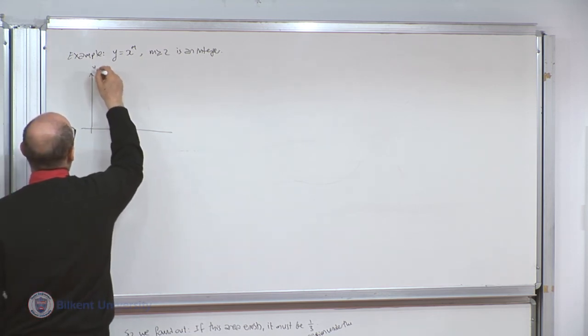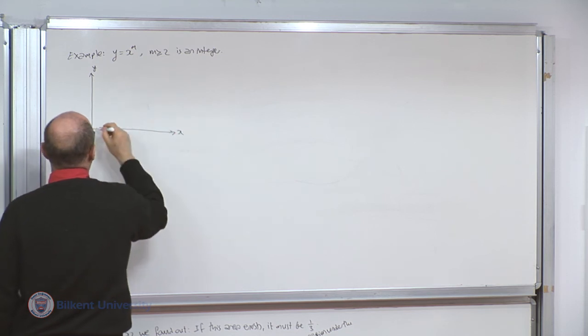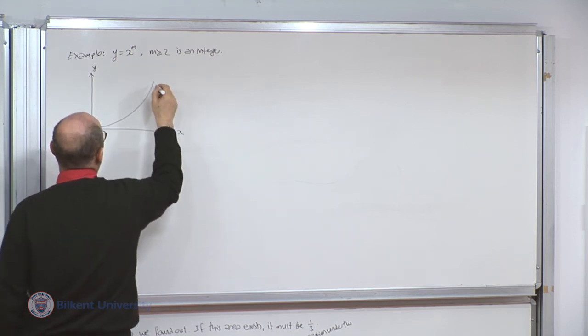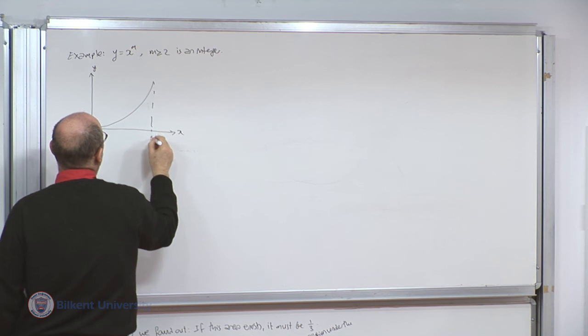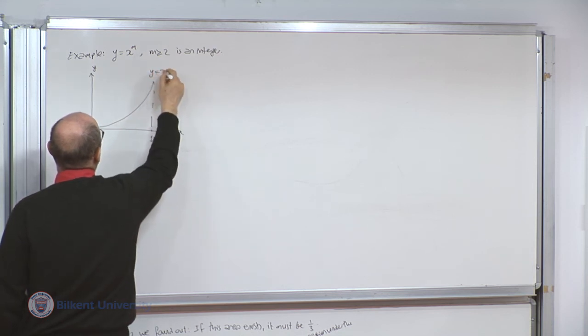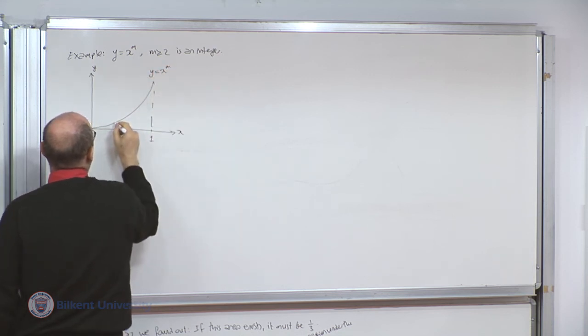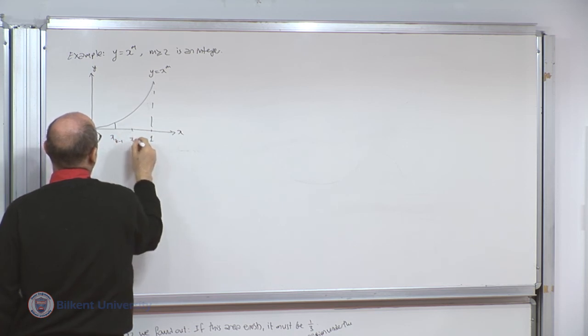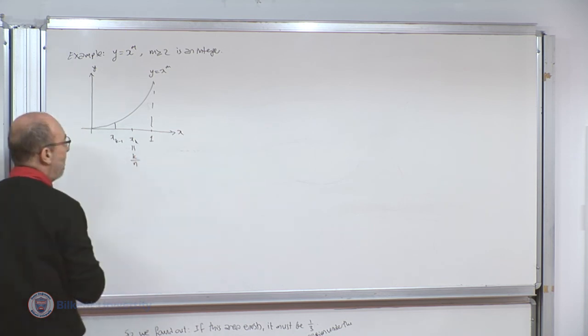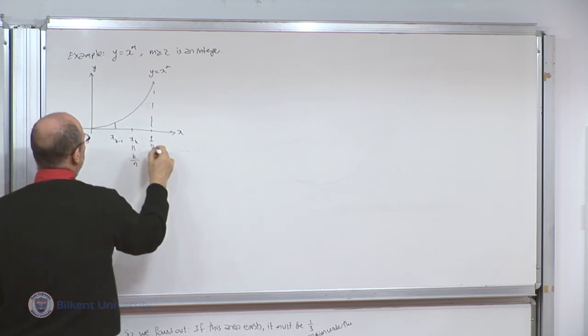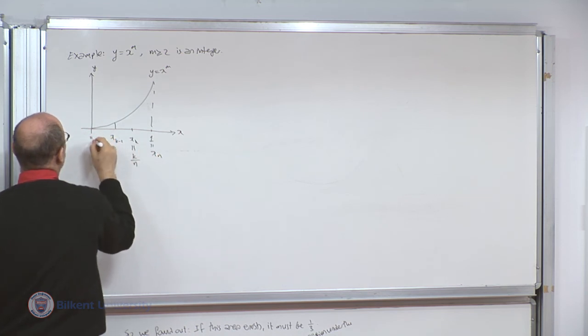Let us try to draw a typical picture. So it is something like this. This is 1, y equals x to the m. We have x_{k-1} here and x_k here, where x_k is k over n. This is x_n, and this is x_0.